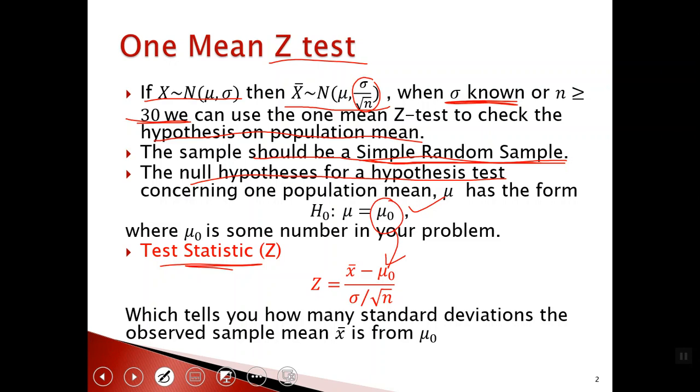Divide by sigma over square root of n. So we calculate our test statistic Z equals x bar minus mu naught divided by sigma over square root of n. This is the standard deviation of my x bar distribution.